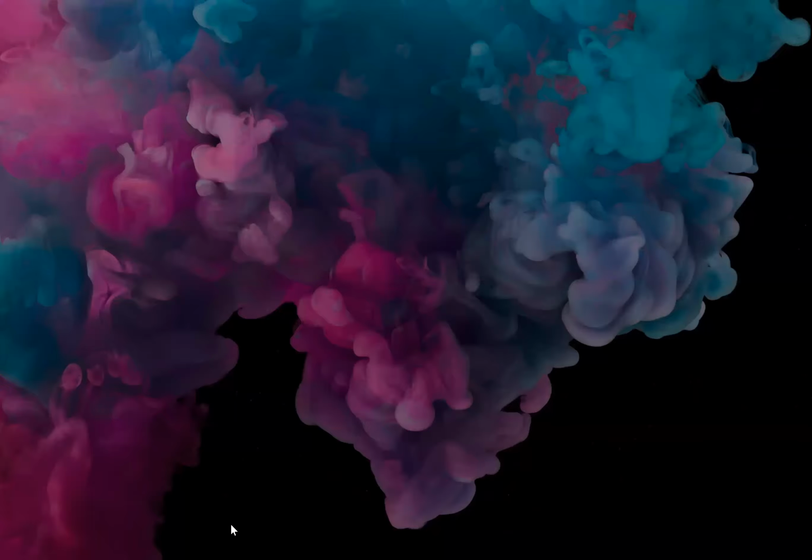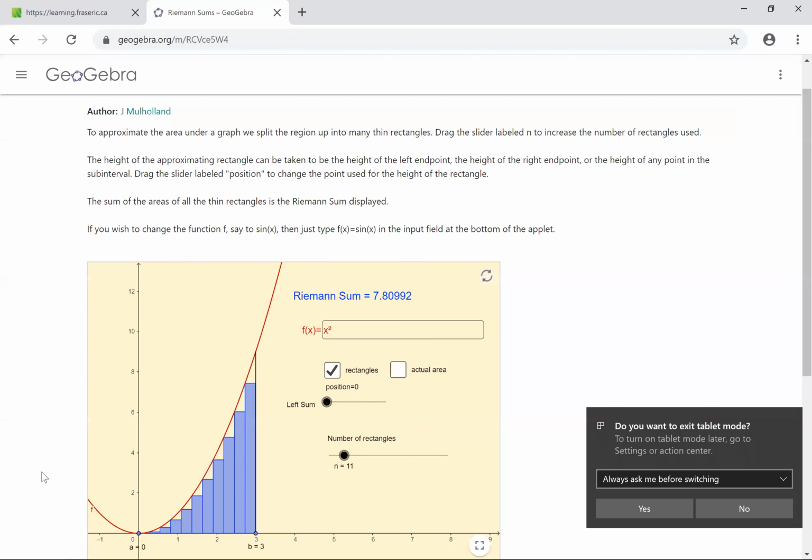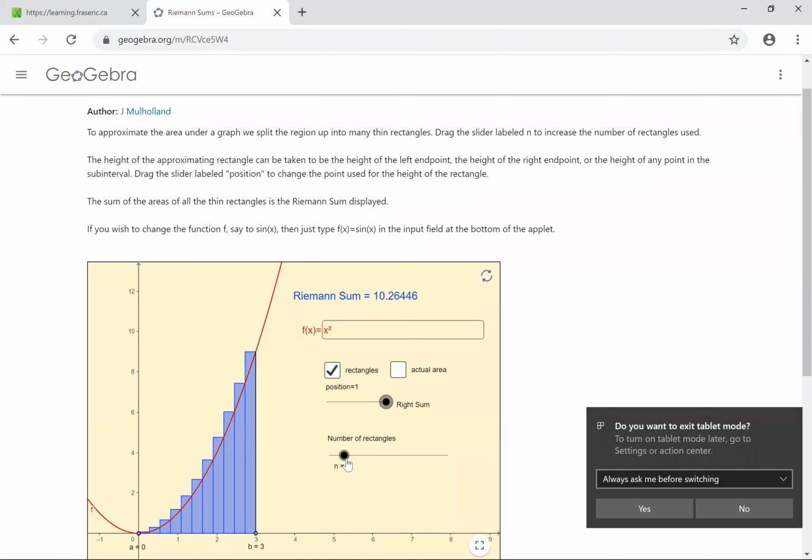I'm doing the same thing here. Now I am basically taking n equals 3.